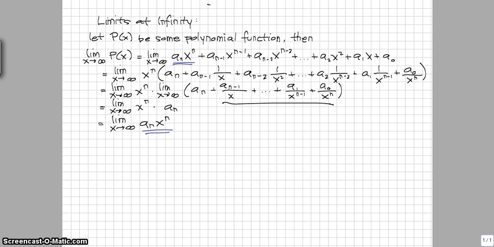So I can make a statement about limits at infinity of polynomial functions.